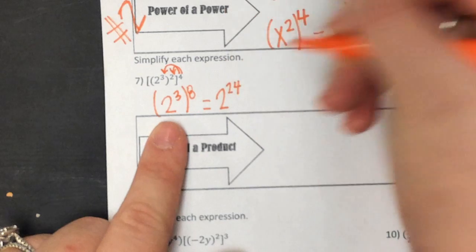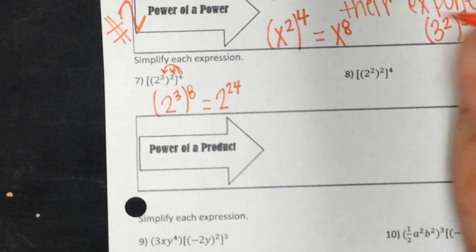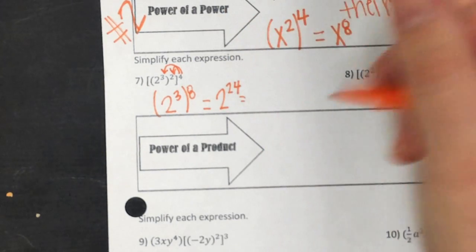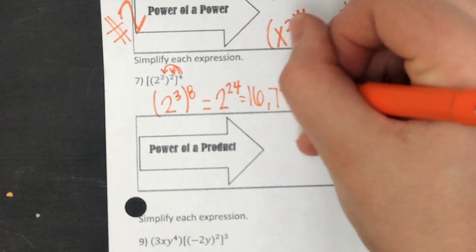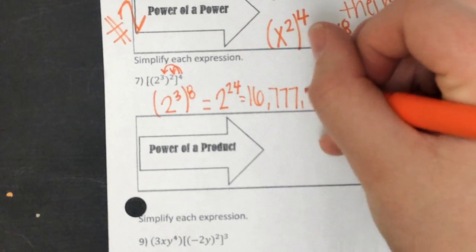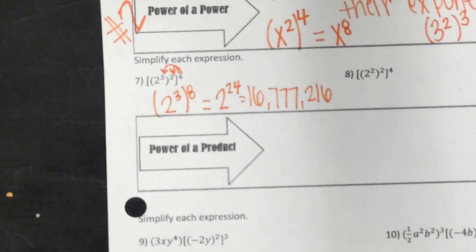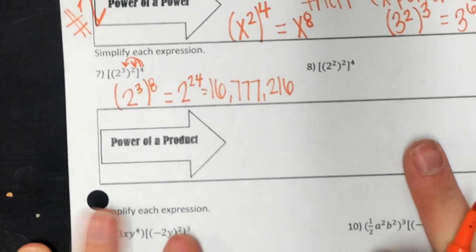So I have 2 raised to the 24th power, which comes out to be something crazy like 16,777,216. You can test me. I'm pretty sure. All right?